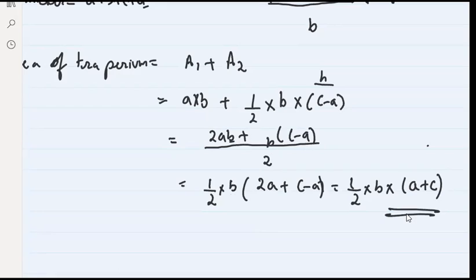This half into. If you see the diagram, I'll just write the diagram over here.